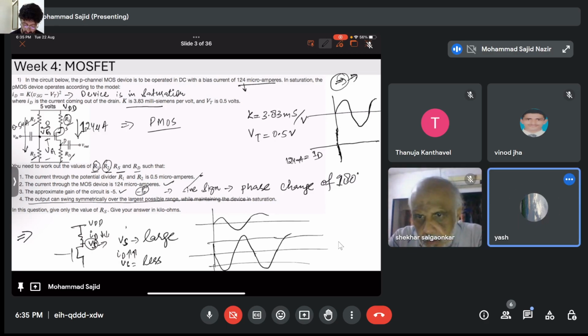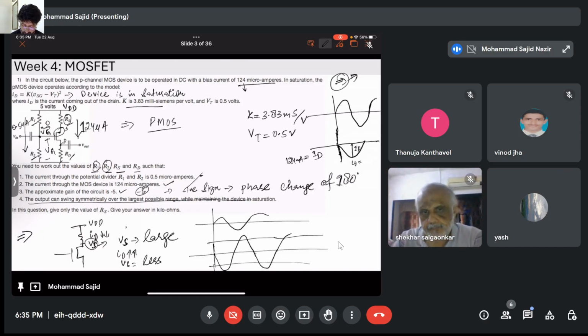But what is the minimum you can go from this minimum side? If your small signal current goes to ID in the negative cycle, it will turn the device off, right? It cannot go above this ID. So what is the maximum swing in your negative cycle then? That is ID, right?